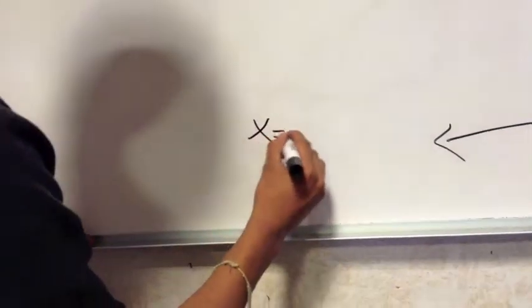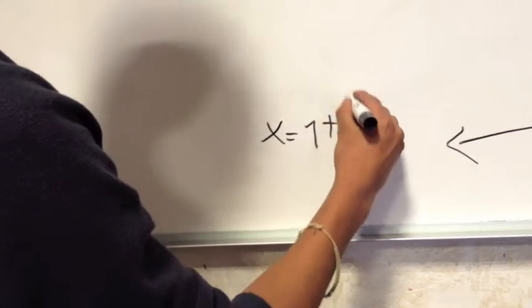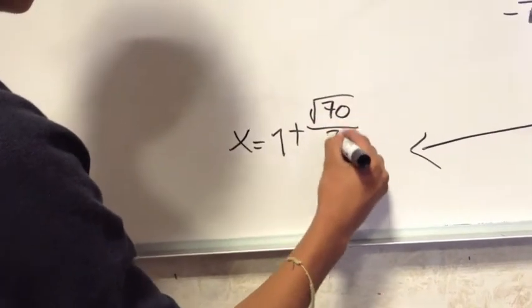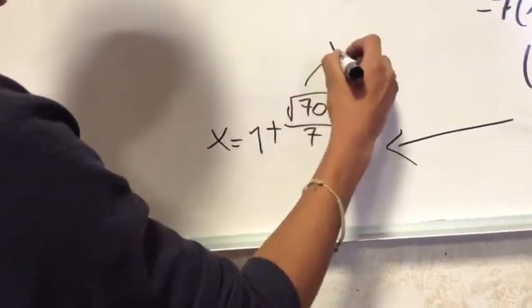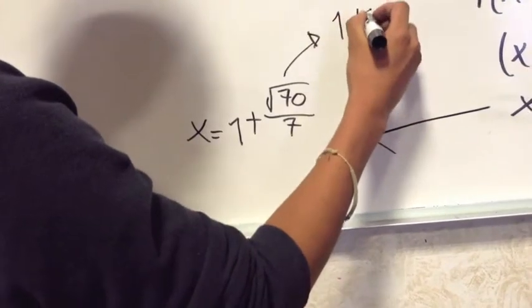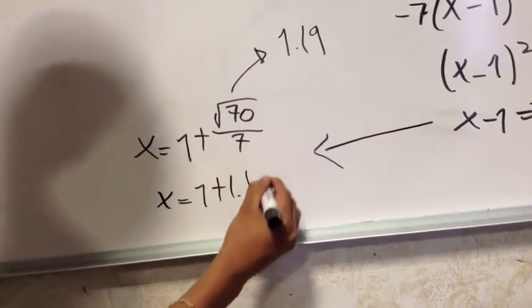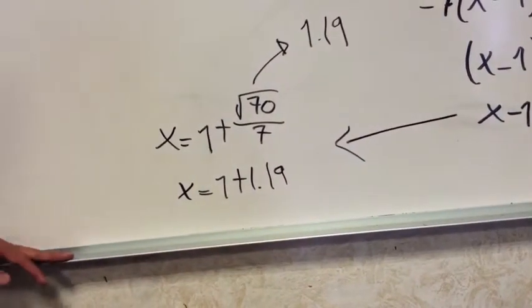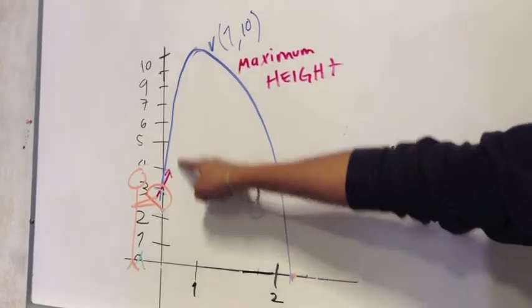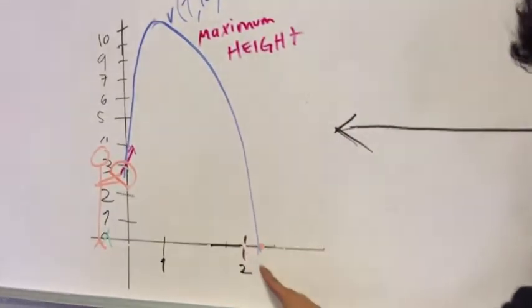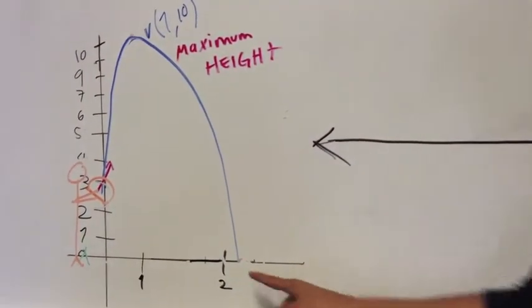So x equals 1 plus or minus the square root of 70 over 7, which in the calculator is 1.19. So x equals 1 plus or minus 1.19, and the vertex is the maximum height.